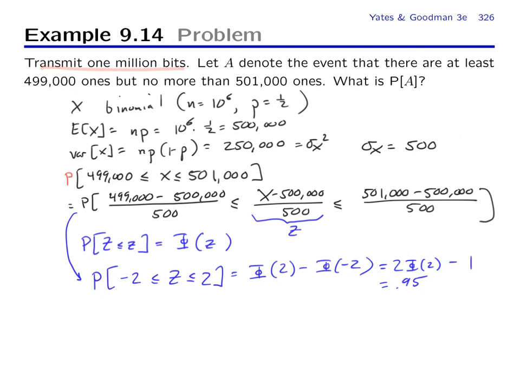If you wanted to do this calculation exactly, you'd first have to write down the PMF of x, which is n choose x, p to the x, (1 minus p) to the n minus x. But since p equals 1 minus p equals a half, this becomes 1/2 to the n times n choose x. And now you would have to do the sum to calculate this probability.